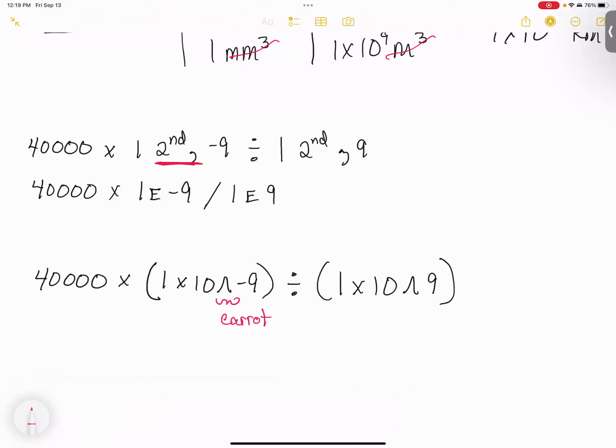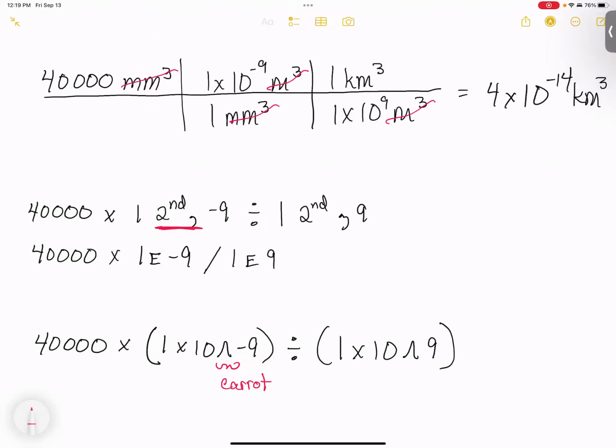You don't have to use that raised to the power symbol if you use the second and the comma button. 4 times 10 to the negative 14. It's technically the E stands for times 10.